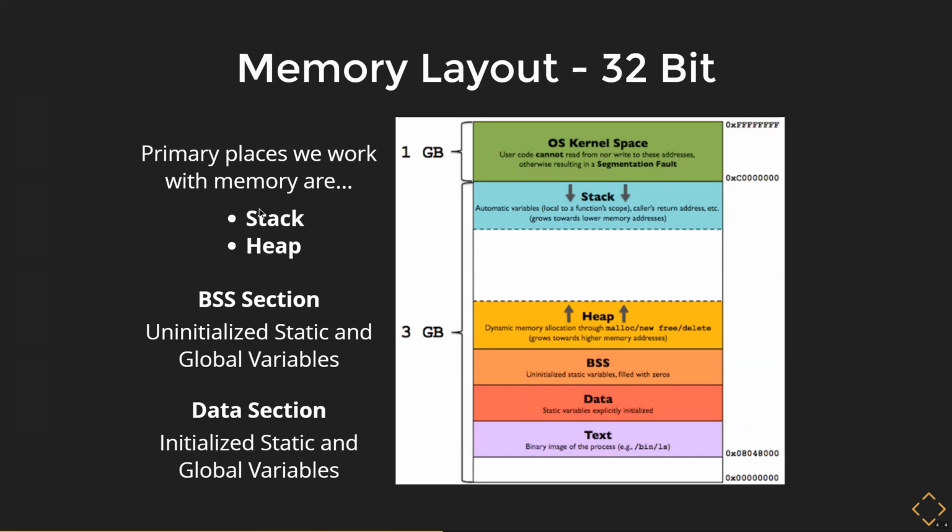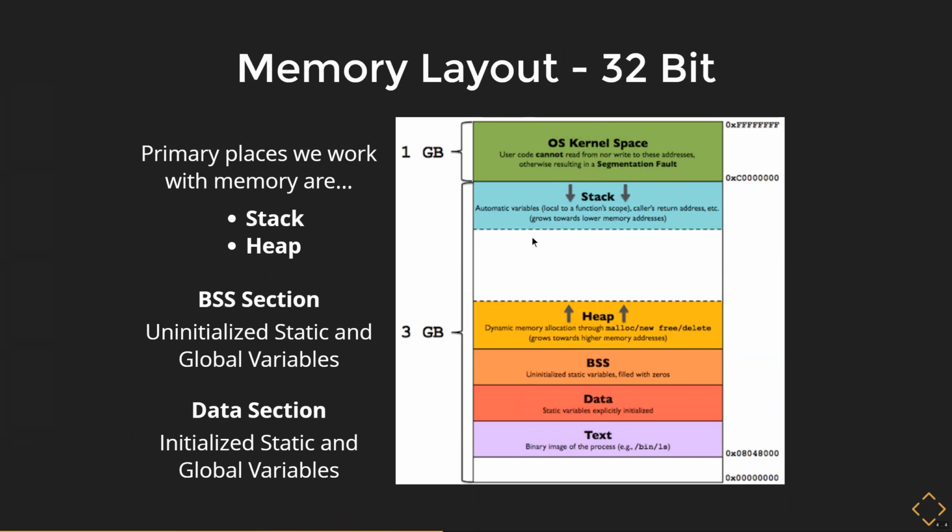So just to go over some of the memory layout, we're going to focus on 32-bit. Memory is laid out into different chunks. In 32-bit memory, the maximum we could have is 4 gigabytes of memory, and 1 gigabyte is dedicated to the OS kernel stuff.